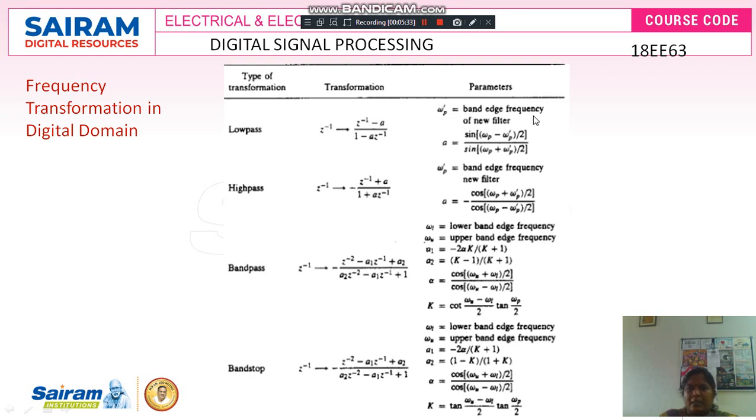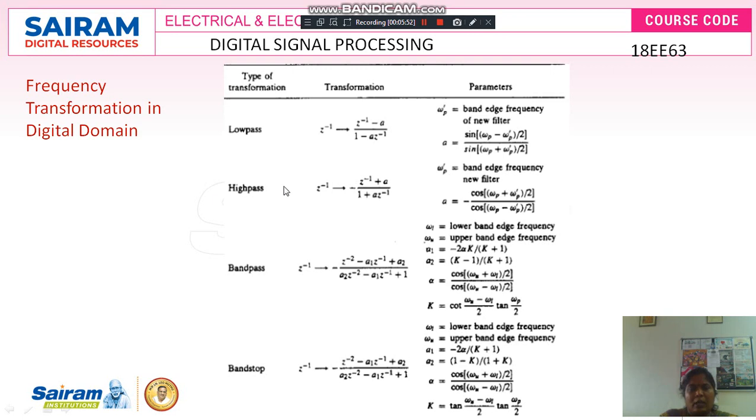Omega p is the band edge frequency, and a is sine of (omega p minus omega p dash) divided by 2, divided by sine of (omega p plus omega p dash) divided by 2, where omega p dash is for the high pass filter. Omega p is nothing but your band edge frequency.